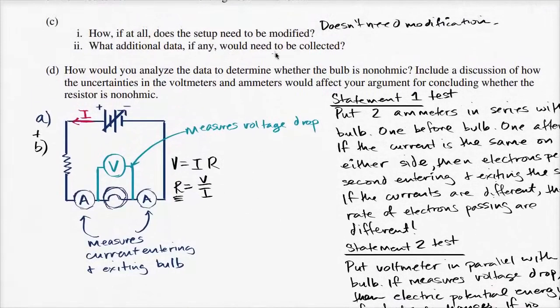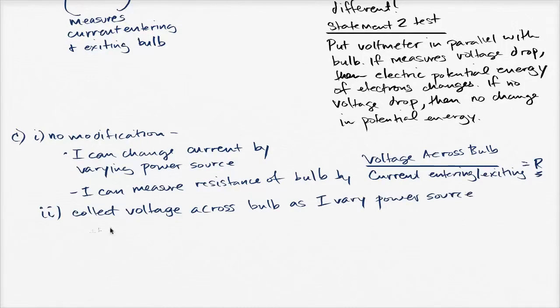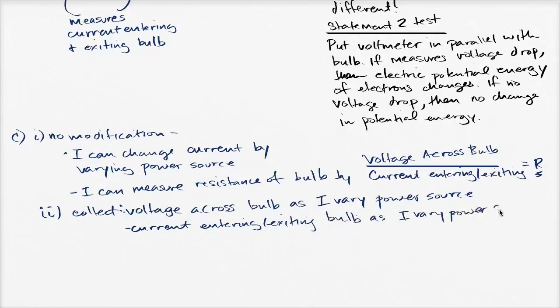Let's see, B. What additional data, if any, would need to be collected? So part two here, I'd need to collect the voltage across the bulb as I vary my variable power source, and I would also have to collect the current entering or exiting the bulb as I vary the power source.